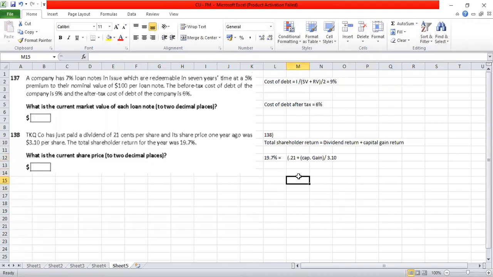So 0.21 is the dividend return, plus they also will have a capital gain, the entire thing divided by 3.1. So 3.1 goes to the other side. So 19.7% into 3.10 is equal to 0.21 plus capital gain.